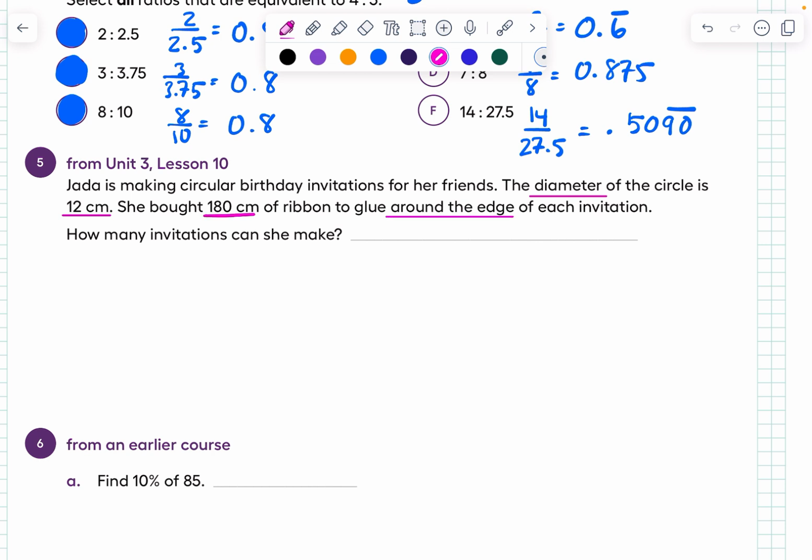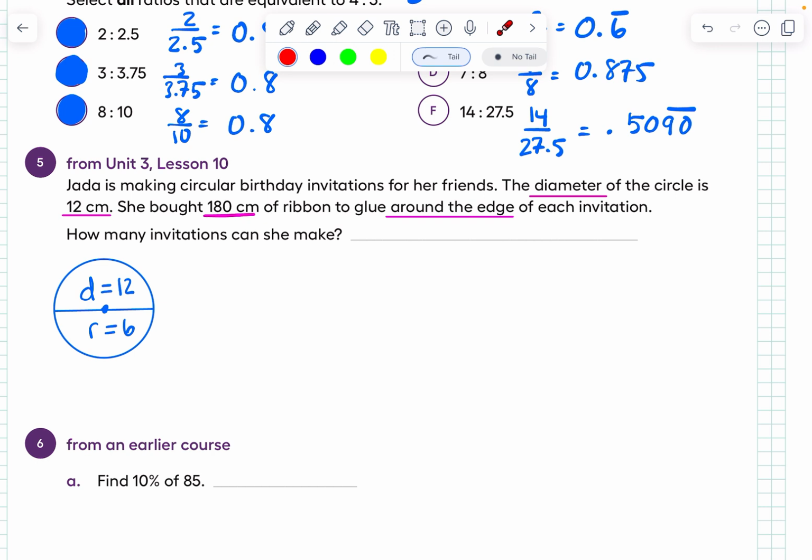How many invitations can she make? The first thing I want to do is draw a circle and draw what was given to us. The diameter is 12. I know that r is 6. I don't know if I need r, but I like to identify diameter and r right away.